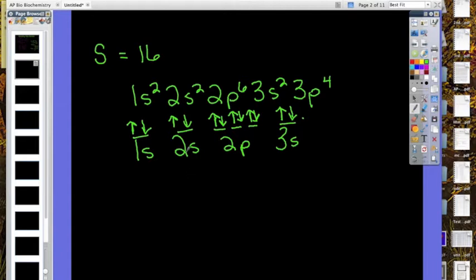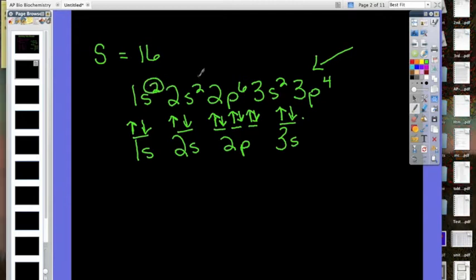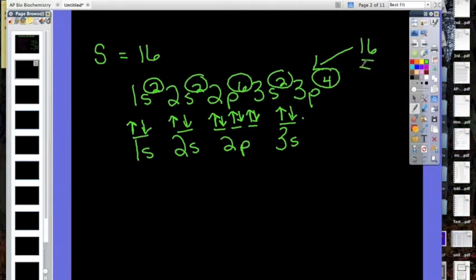Okay, so that's pretty much everything on electron configuration. Make sure that you can look at an electron configuration like this and tell me what element it is. So that means you need to be able to count, and then you would know that that's element 16, 16 electrons.